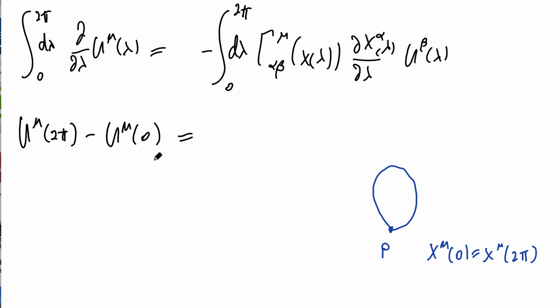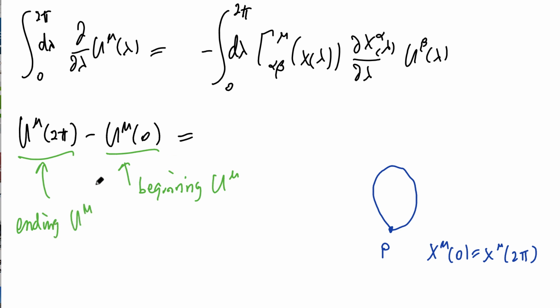And then what this will be is the starting u, or the beginning vector, and this is the ending vector. So this is just the quantity we want to compute.